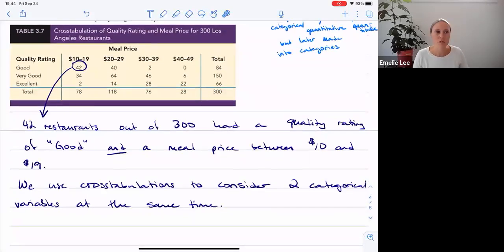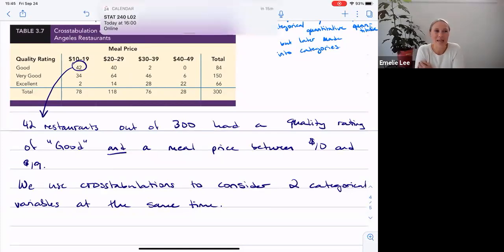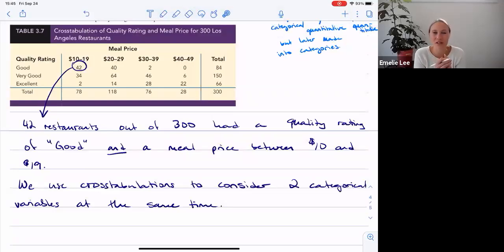Okay, so you can read the totals and completely ignore the body of the table, or you can read just the body of the table and ignore the totals, or you can get crazy. What if I asked you how many of the very good restaurants, so now I'm focusing just here on very good restaurants, had a meal price between $20 and $29?